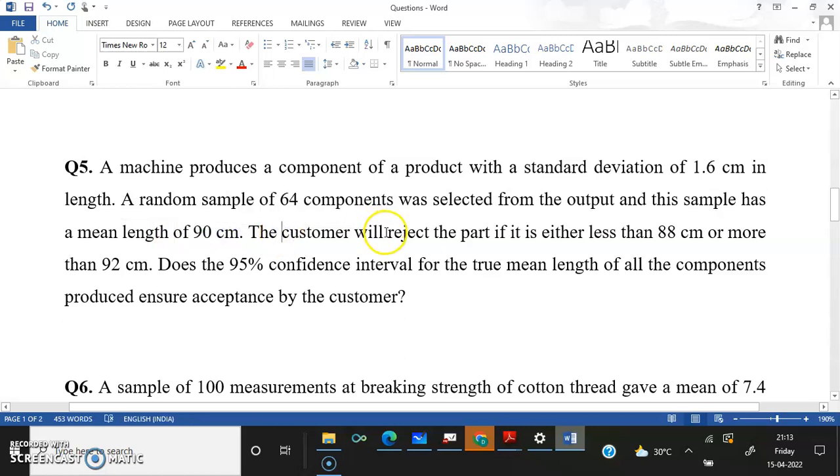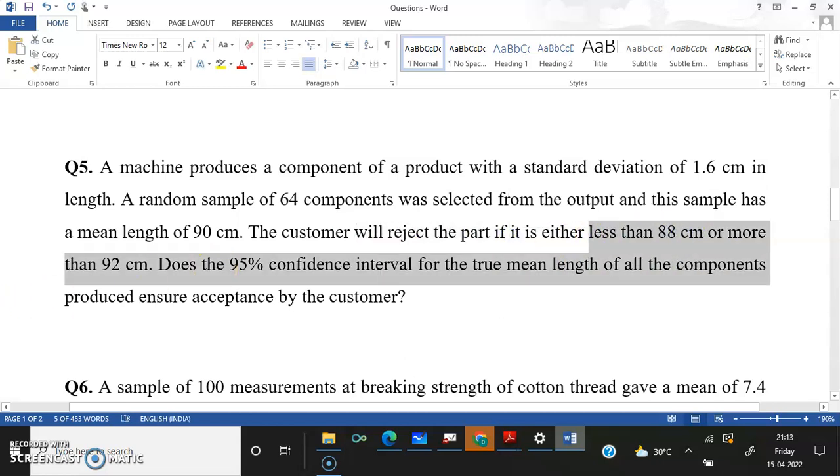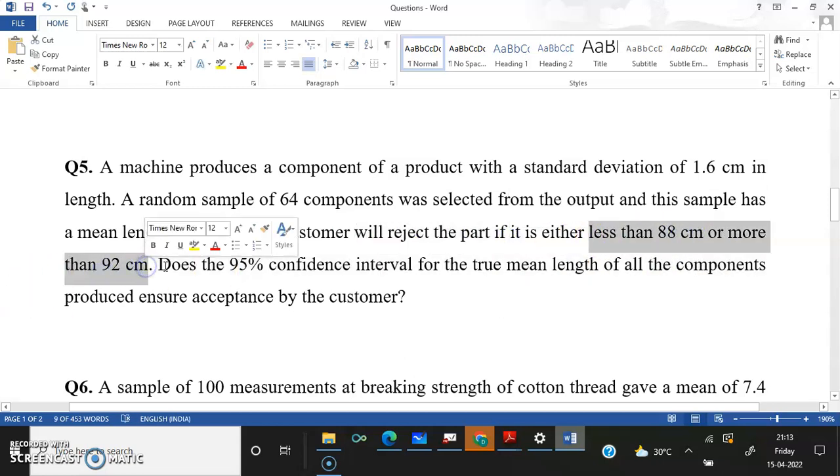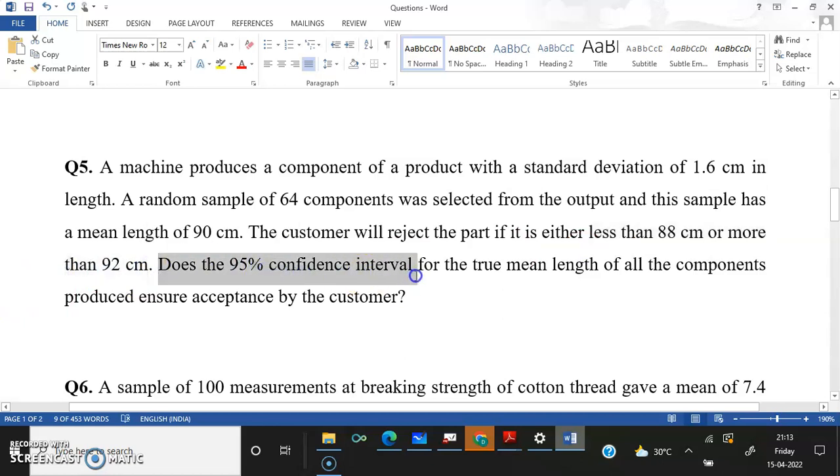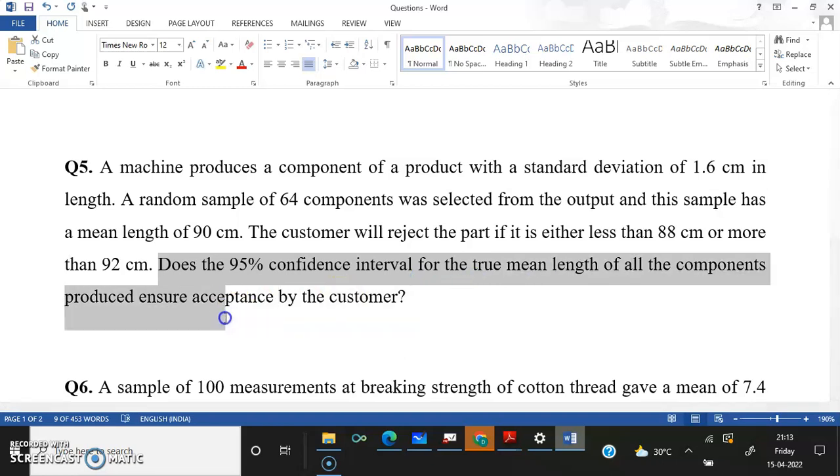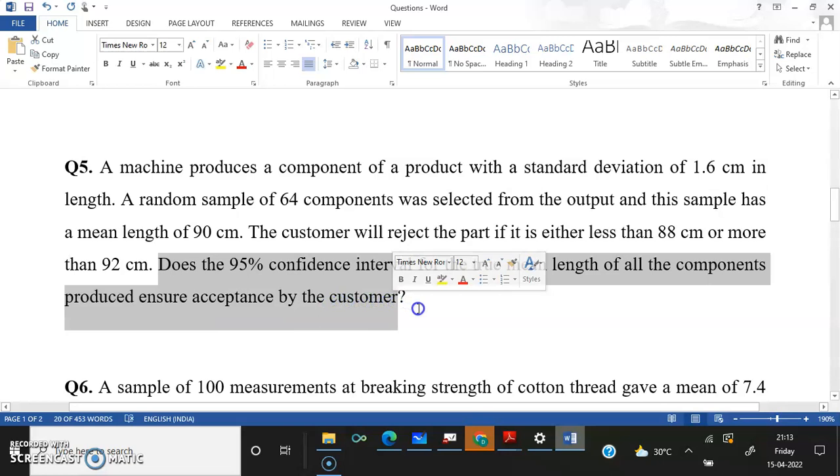The customer will reject the part if it is either less than 88 centimeter or more than 92 centimeter. Thus, does the 95% confidence interval for the true mean length of all components produced ensure acceptance by the customer? That is the question.